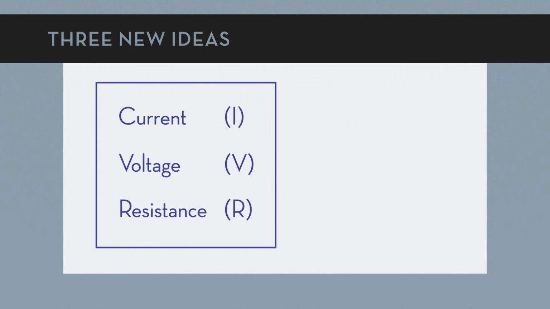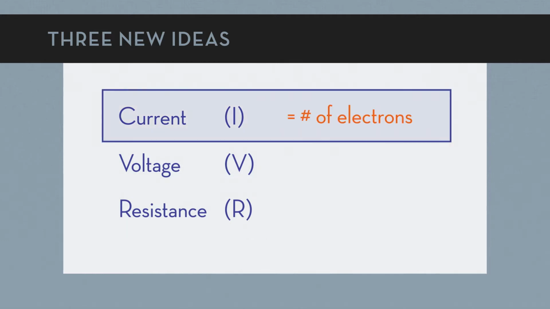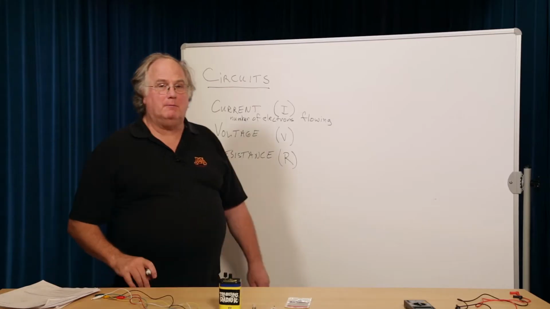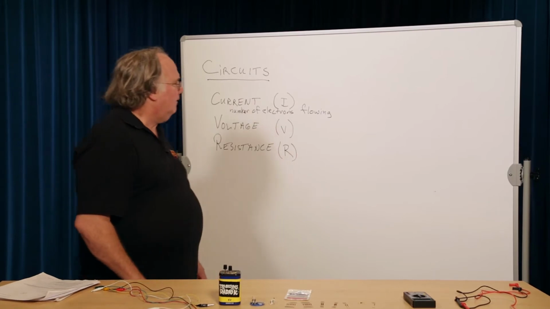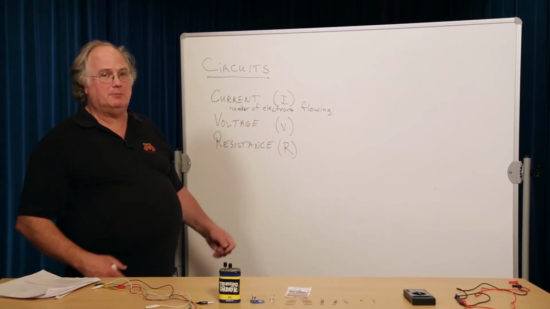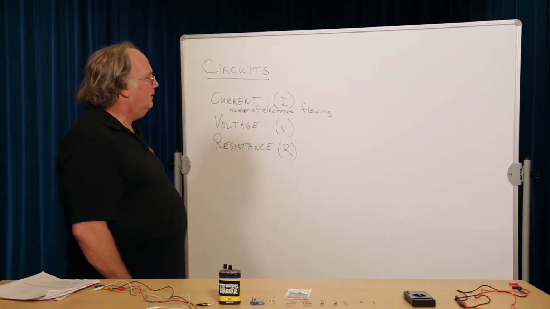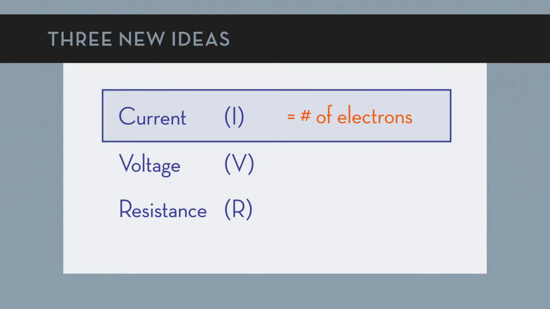And the way it works is the current is the number of electrons flowing. So if you have a big current, it means there are a lot of electrons going through a wire. If you have a little current, it means there's much fewer electrons flowing through the wire.